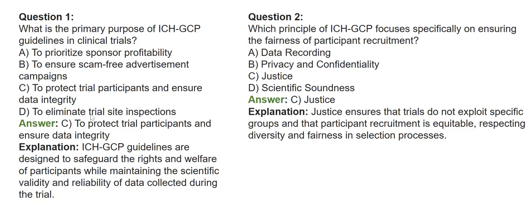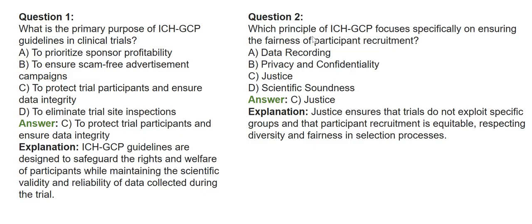So it is C, to protect trial participants and ensure data integrity, as ICH-GCP guidelines are designed to safeguard the rights and welfare of participants while maintaining the scientific validity and reliability of data collected during the trial.